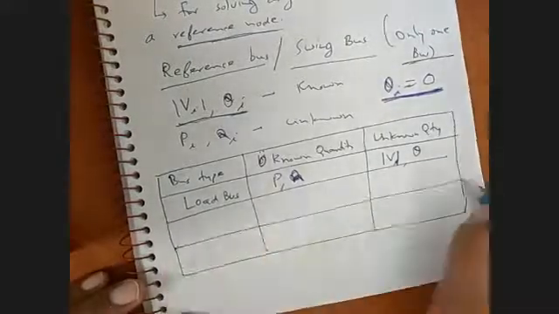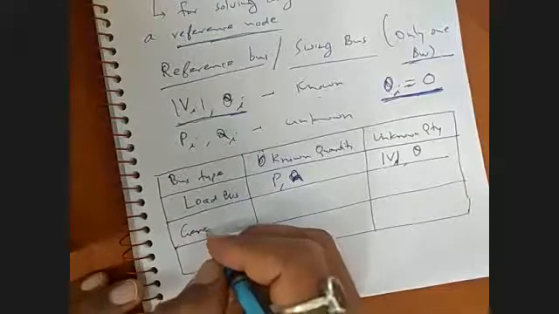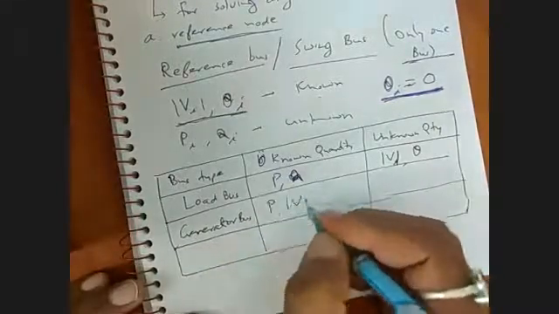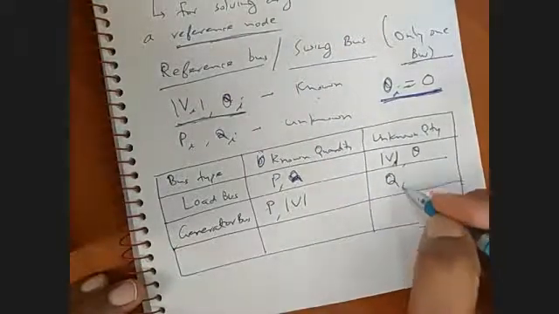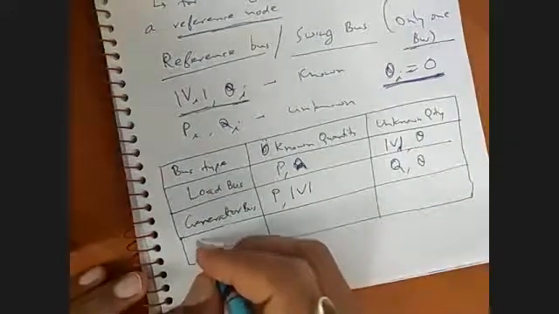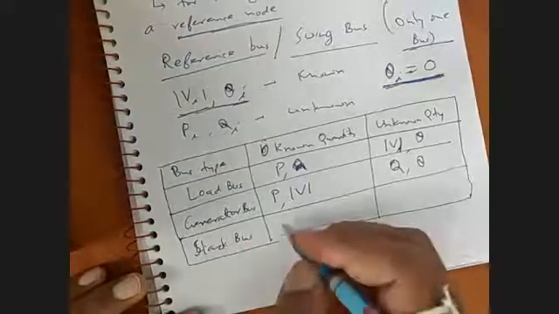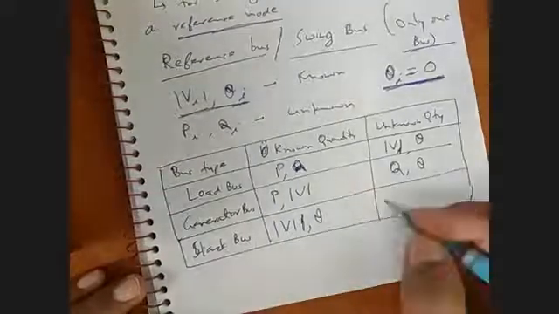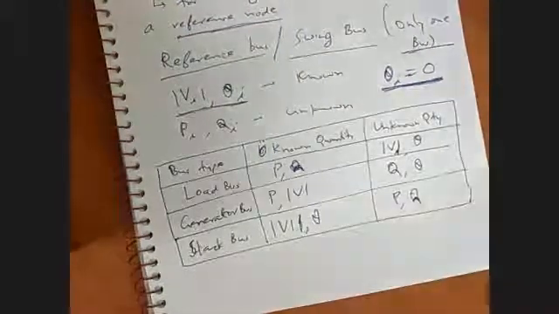Then you have generator bus. At this we have P and V as known quantities and Q and theta as unknown quantities. And for slack bus we have voltage and angle as the known quantities and P and Q as the unknown quantities.